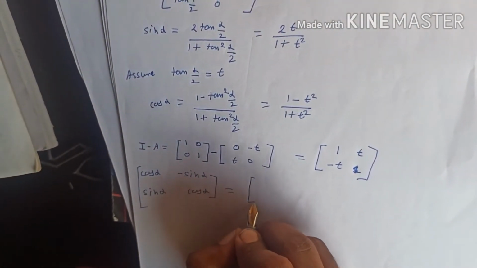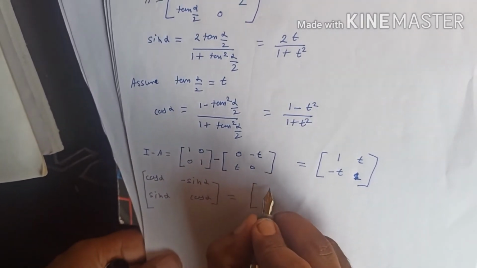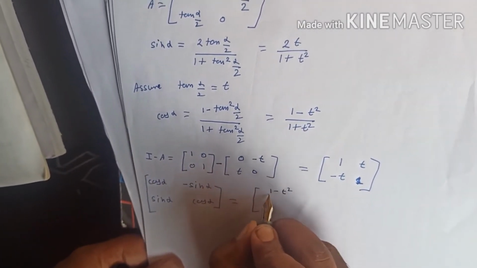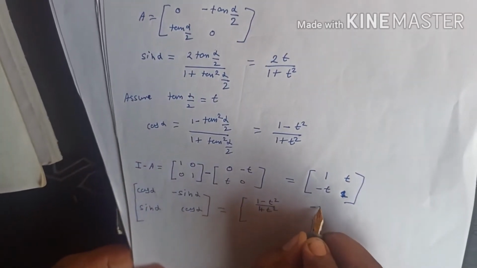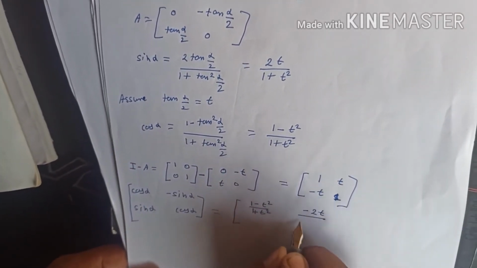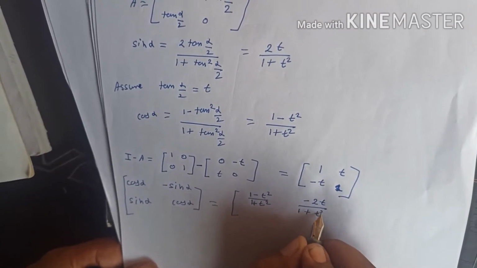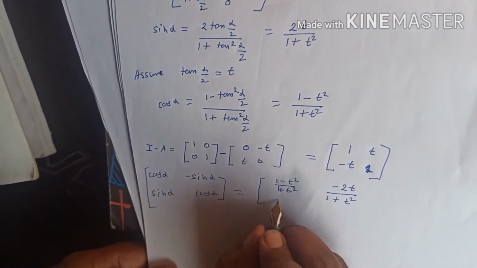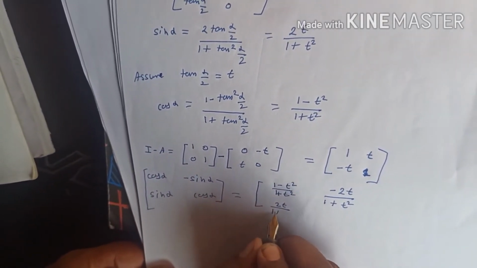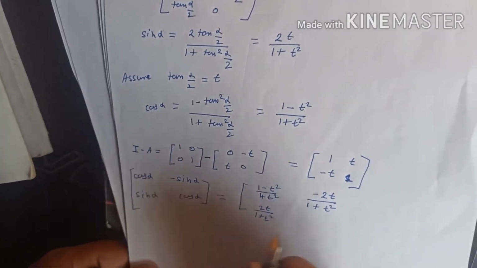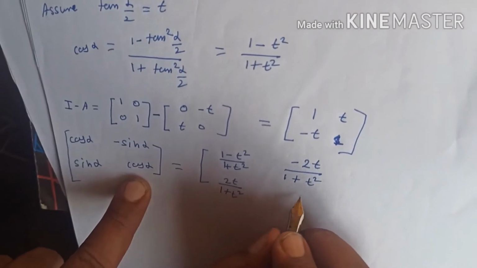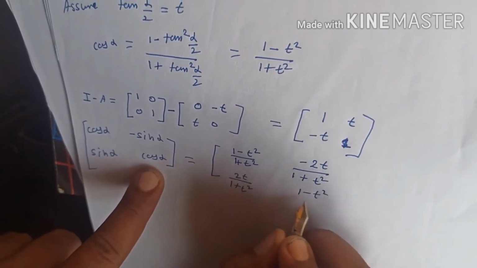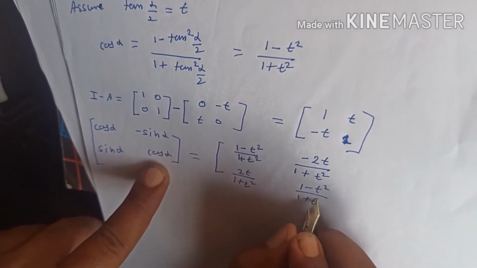So it becomes 1 minus t square over 1 plus t square, negative 2t over 1 plus t square, 2t over 1 plus t square, and this cos alpha becomes 1 minus t square over 1 plus t square.